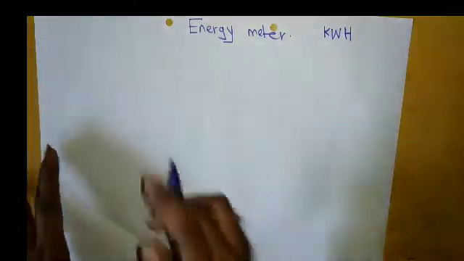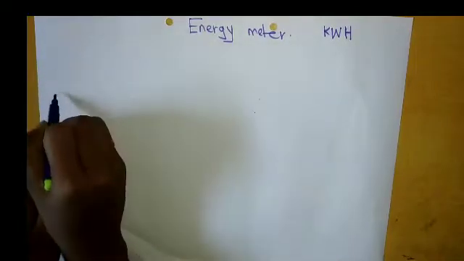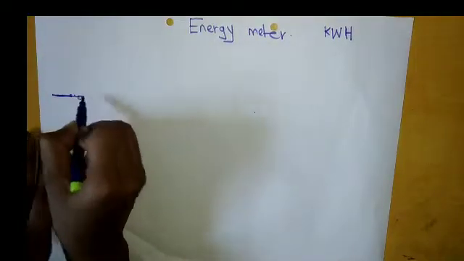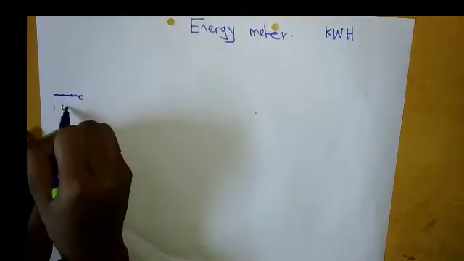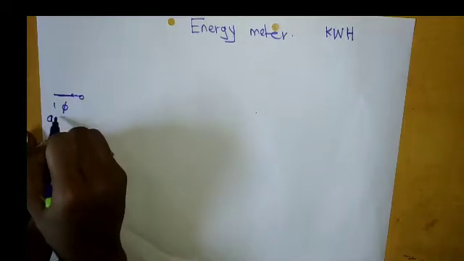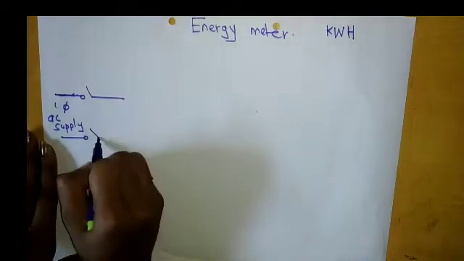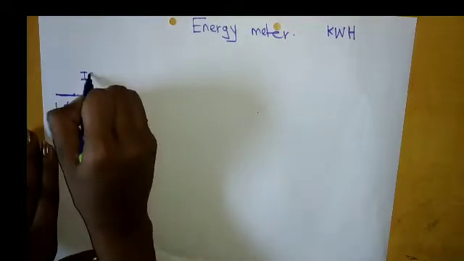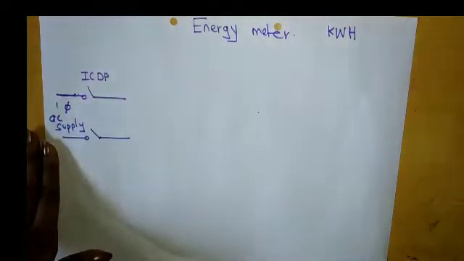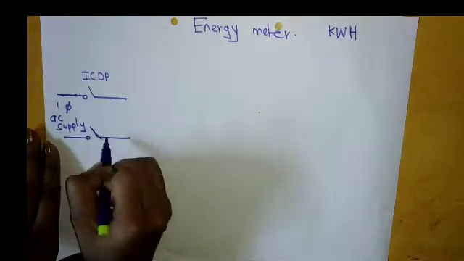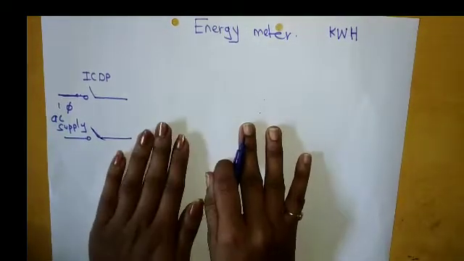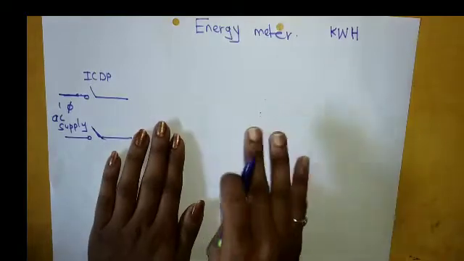In India, the supply we get is single phase AC supply. So I will draw the single phase AC supply here, and the ICDP switch over here. Now, drawing the diagram of this construction is very easy.